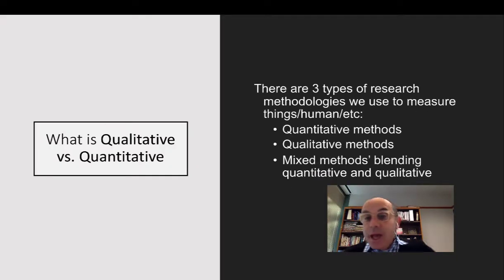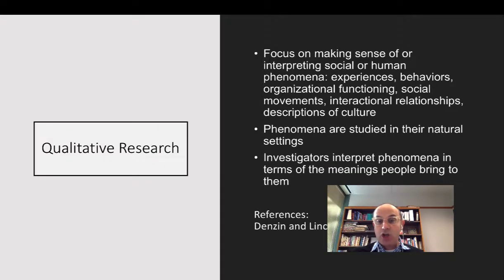So let's start. There are 3 types of research methodology used to measure things, humans, etc. The quantitative methods, the qualitative methods, and the mixed methods, which blend together the quantitative and qualitative methodologies. What is qualitative?